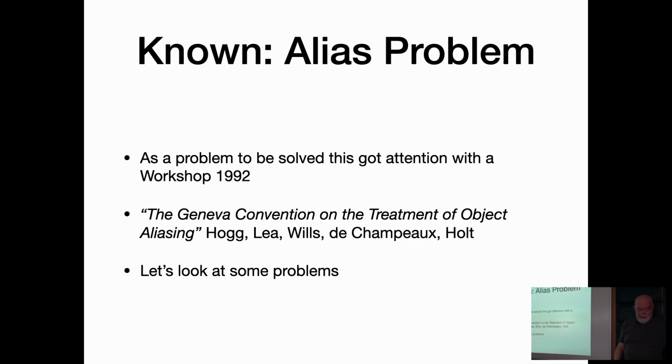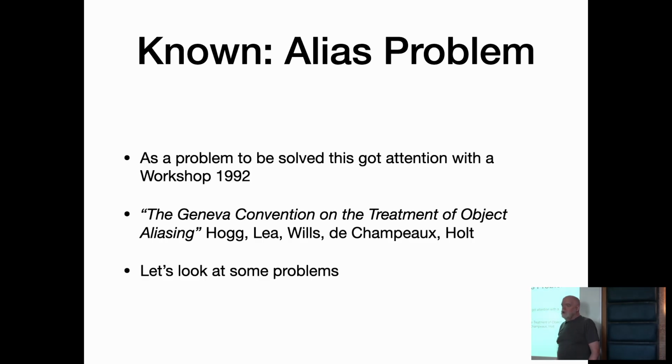And this is of course not unknown, so people have been talking about that, I guess, since objects were invented. But it got a bit defined in 1992 when there was a workshop where they discussed this problem. And then there was a paper, the Geneva Convention on the Treatment of Object Aliasing.